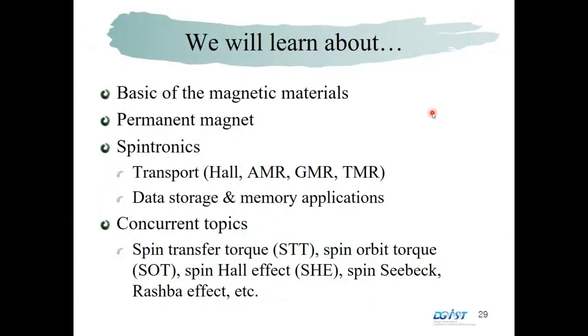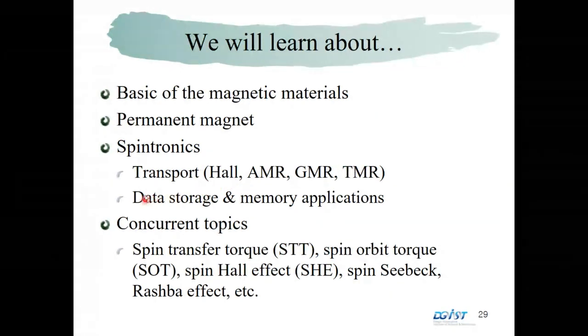Okay, so in this course, we're gonna learn about the very basic part of the magnetic materials, and also we're gonna learn about the permanent magnets, and we're gonna learn about the transport, which is very related to spintronics, and Hall effect, AMR, GMR, TMR, which I just mentioned before in the previous slide.